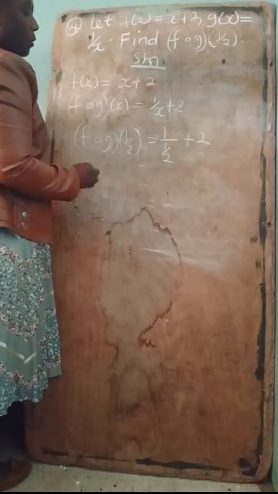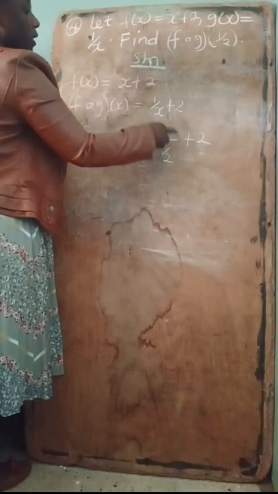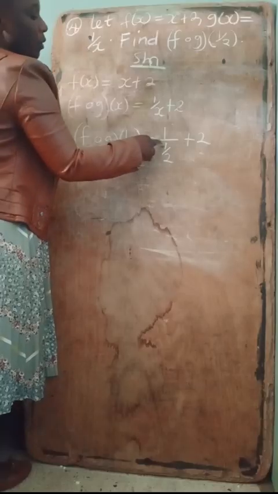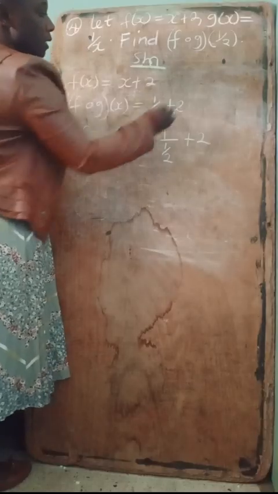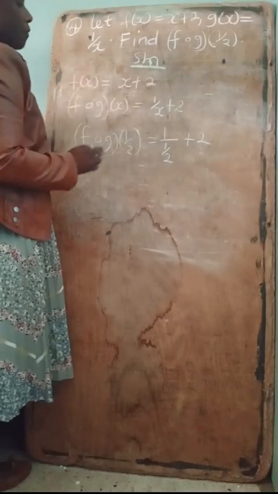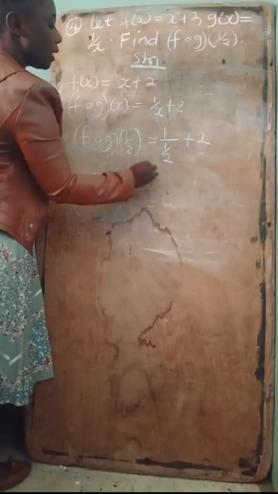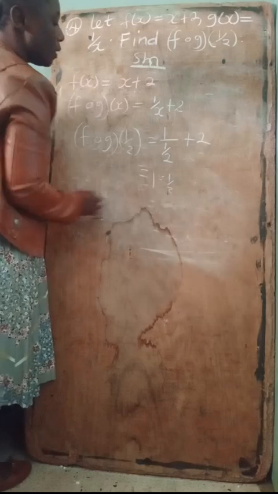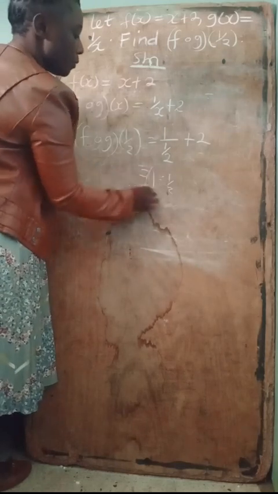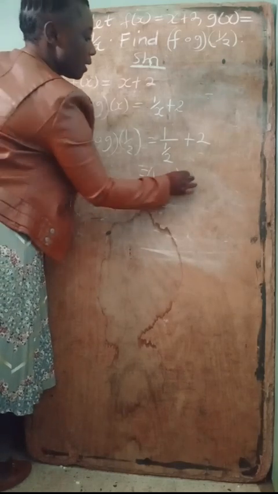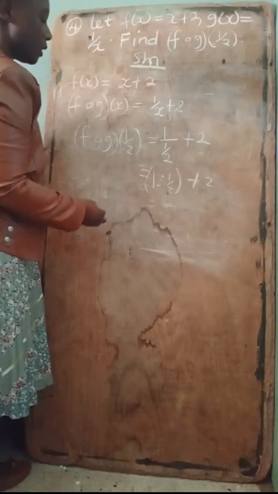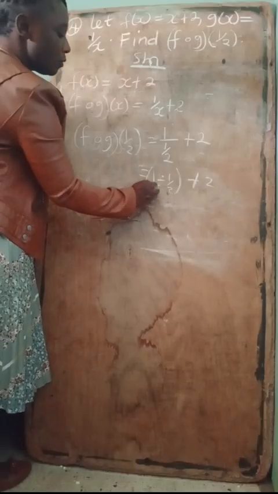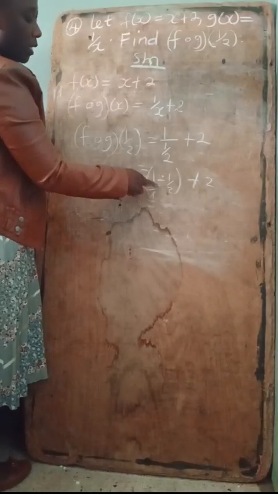Okay, some people think that it is difficult to do that. It is very simple, because we know that in grade 7 somewhere there, we were told that this fraction bar is the same as this division sign. Therefore, we are going to say 1 divided by 1 over 2, then plus 2 there. Any whole number has a denominator of 1.